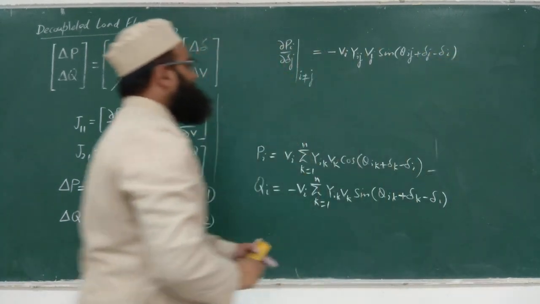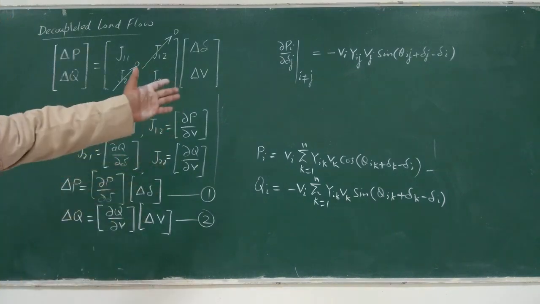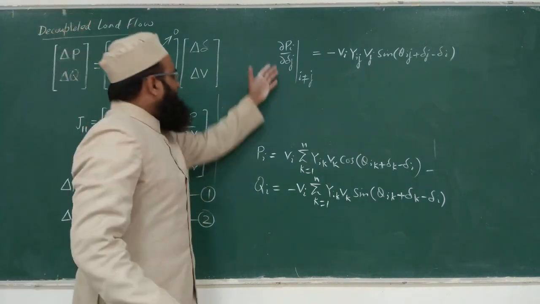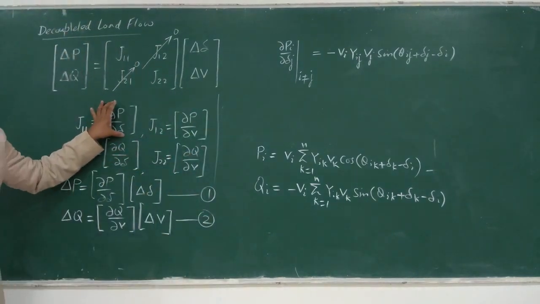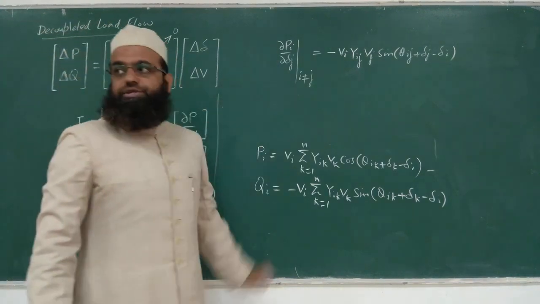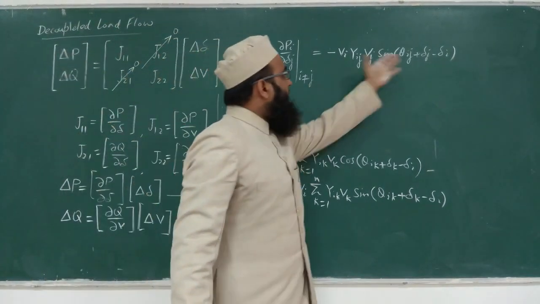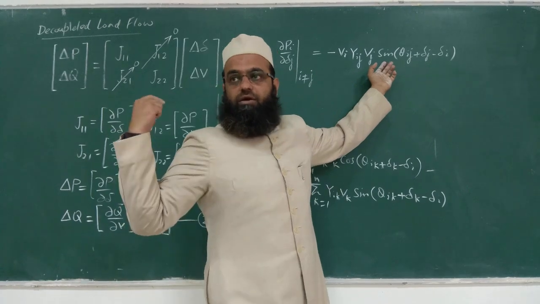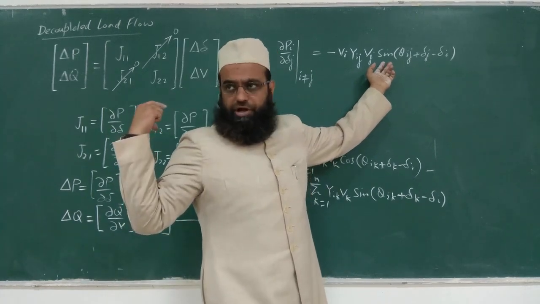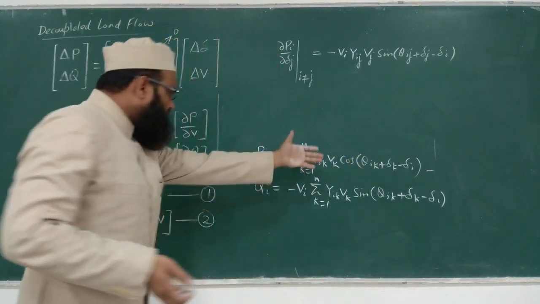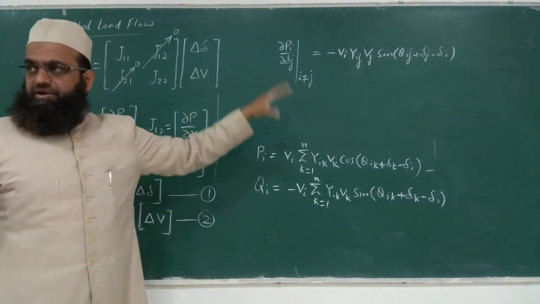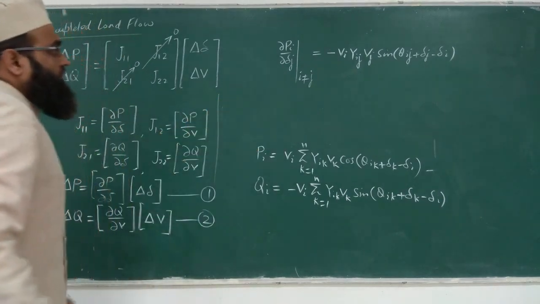So simplified. So for all elements of this matrix, when i is not equal to j, directly you can substitute the values here and you can calculate the elements. So simple. No need to evaluate all and like that. It is simplified version.